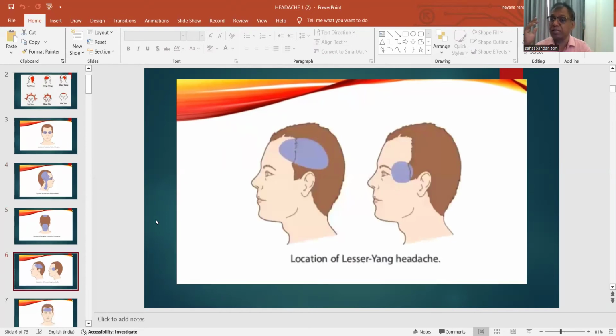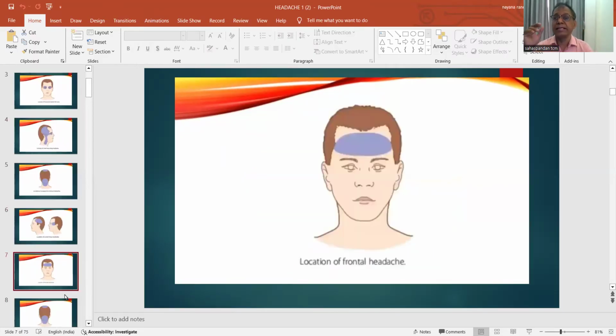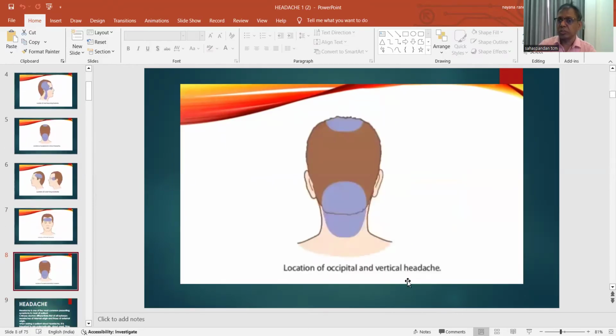And this is the location of the Shaoyang headache, that is the gallbladder and triple burner. Then the frontal headache, this type of headache, frontal headache, is the Yangming type headache. This is the occipital and vertex headaches. Okay.